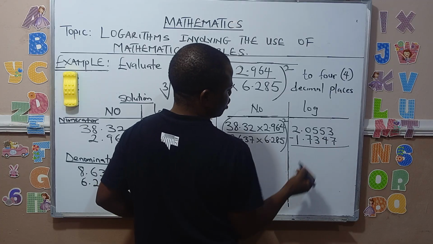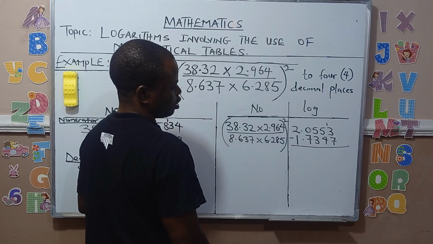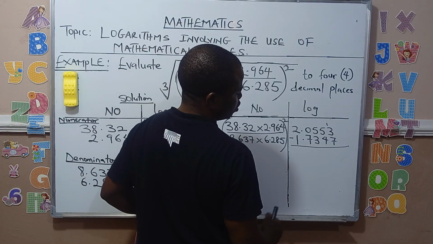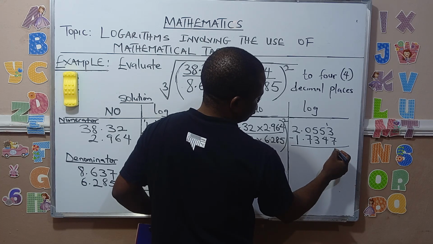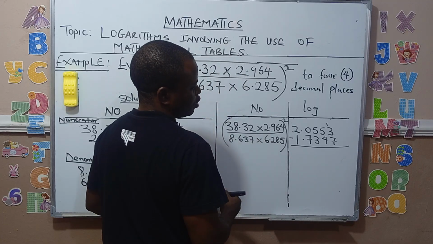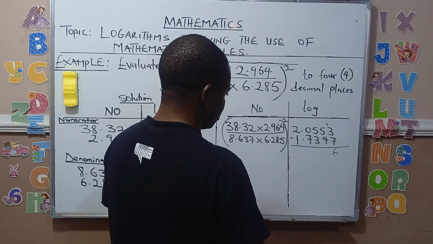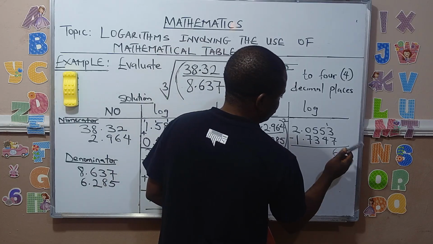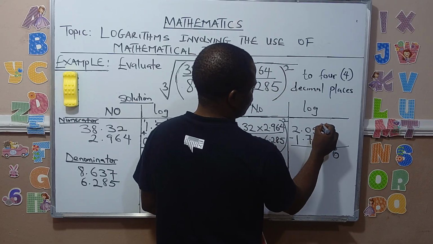Now, 3 minus 7, impossible. Borrow 1 from 5 to 3. You're having 13. 13 minus 7, that is 6. Now, we're left with 4.